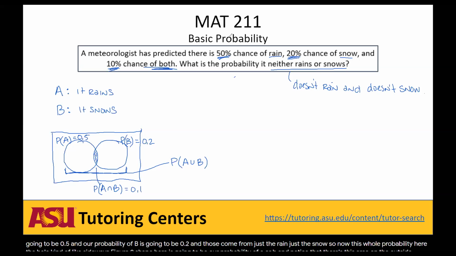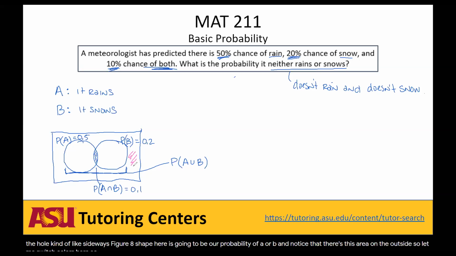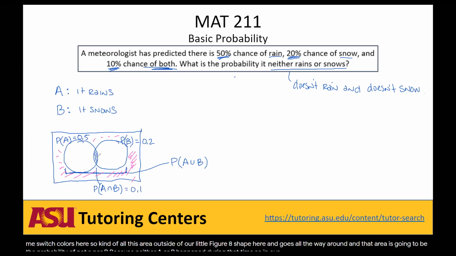So let me switch colors here. So all this area outside of our little figure 8 shape, and it goes all the way around. And that area is going to be the probability of not A nor B, because neither A nor B happened during that time. So in our case, it neither rains nor snows in this area out here.